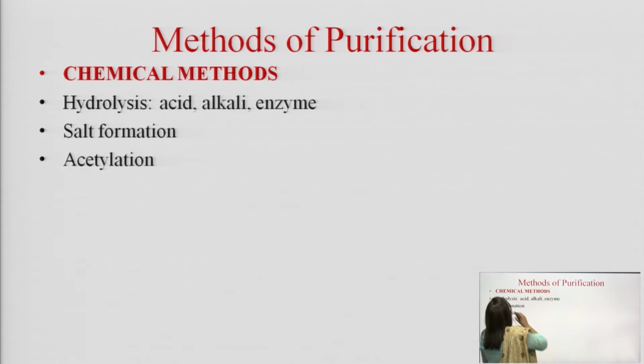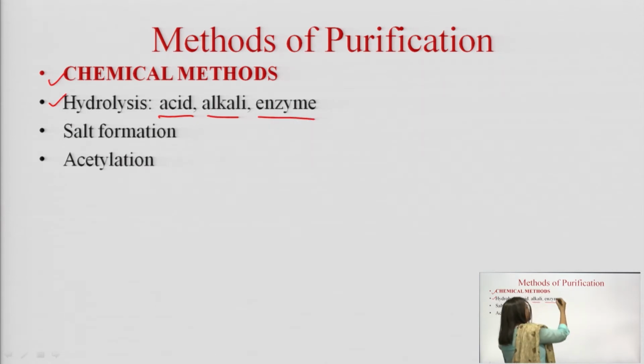There are methods which are termed chemical methods for purification. It includes hydrolysis. This hydrolysis can be achieved by acids, alkalis, or enzymes. There are various enzymes which act on particular types of substances and release them.